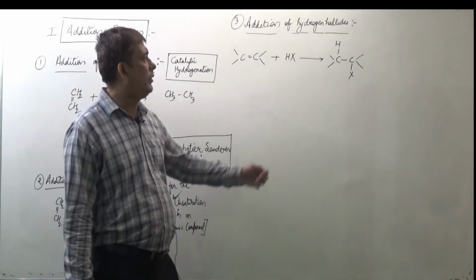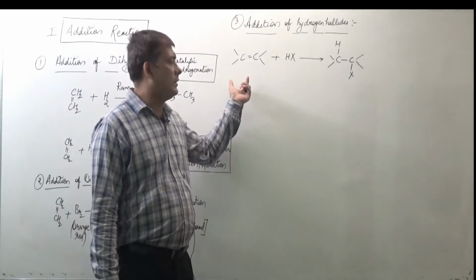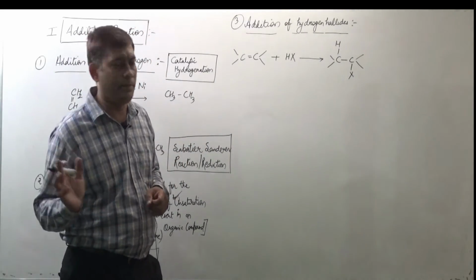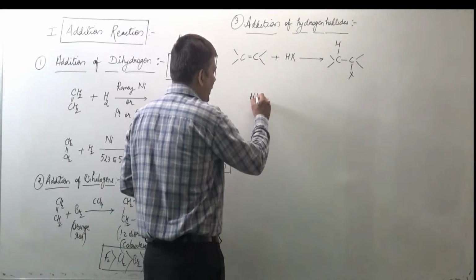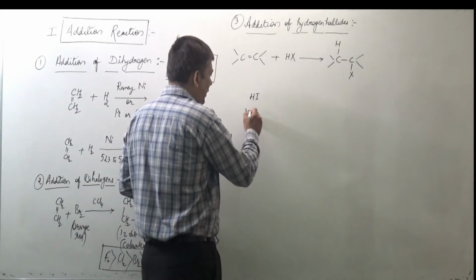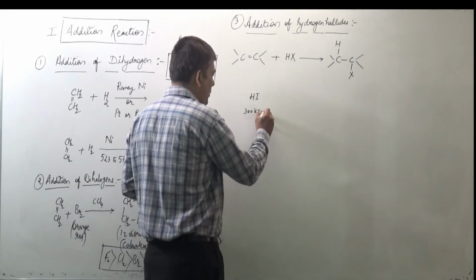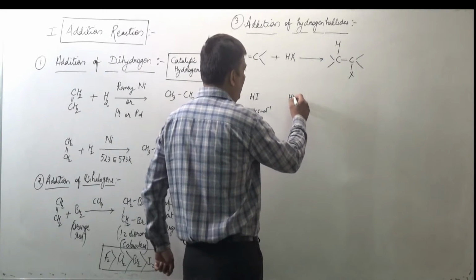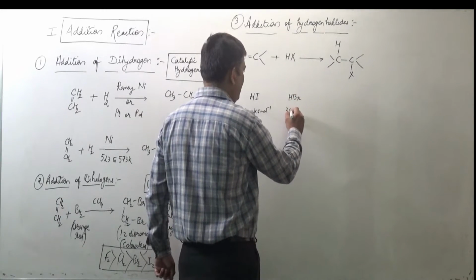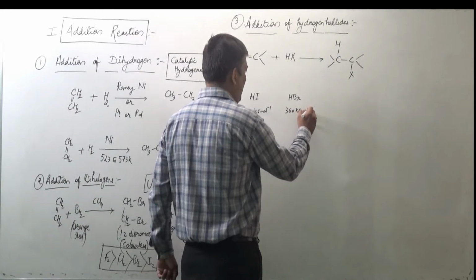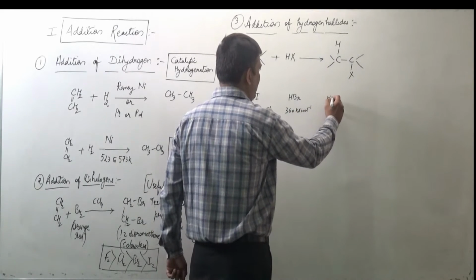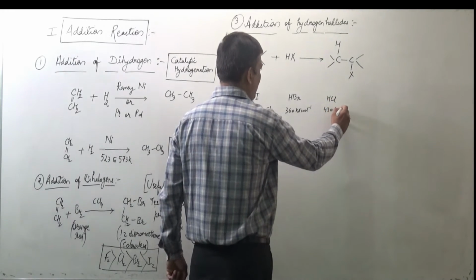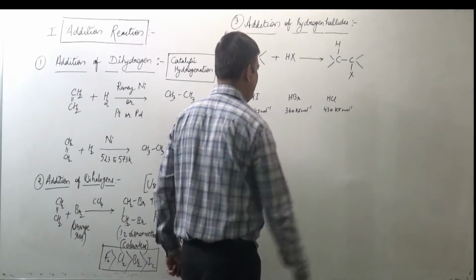And the reactivity of hydrogen halide towards this electrophilic addition reaction depends upon the bond dissociation energy. The bond dissociation energy of HI is 300 kilojoule per mole, HBr is 360 kilojoule per mole, and HCl is 430 kilojoule per mole.